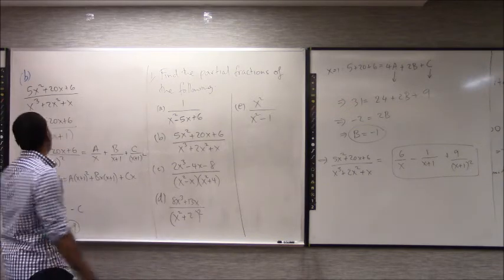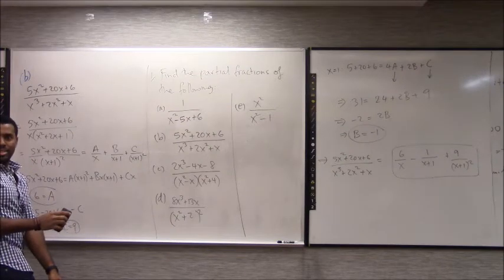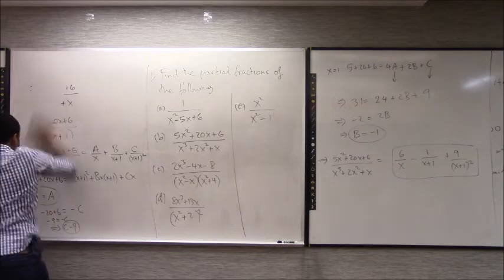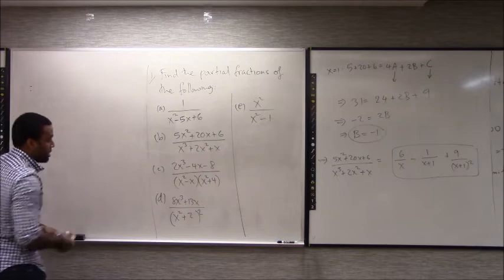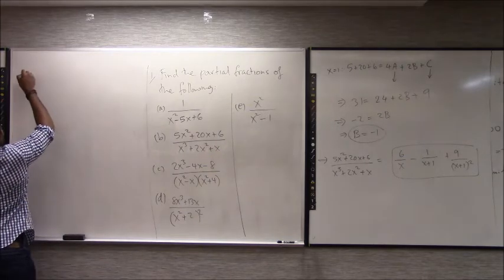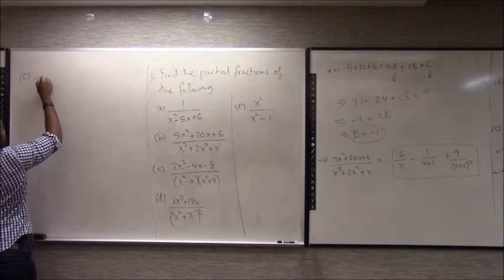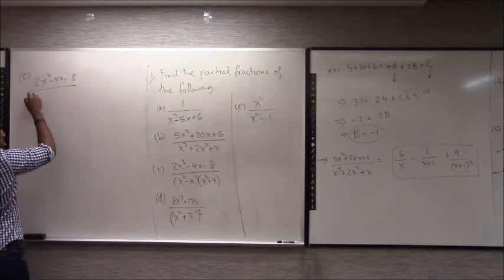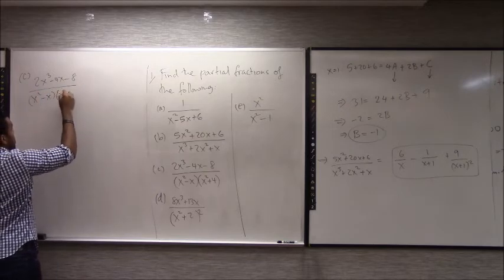Let's do this one. Did anyone get through C? Numbers are getting smaller now, let's see. In the case of C, we had 2x cubed minus 4x minus 8 over x squared, x squared plus 4, minus x.